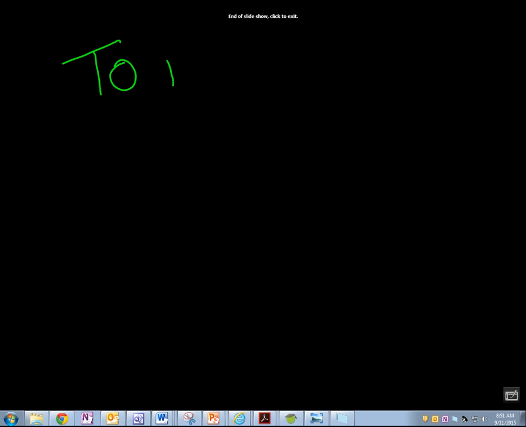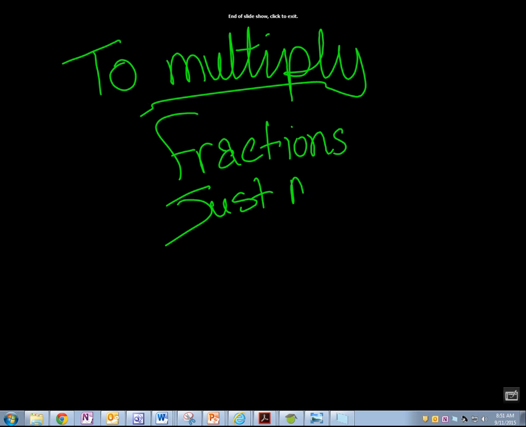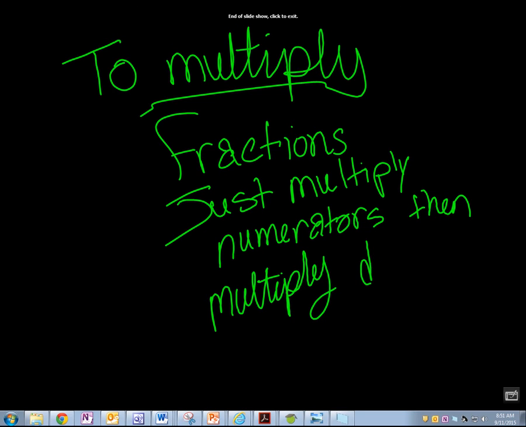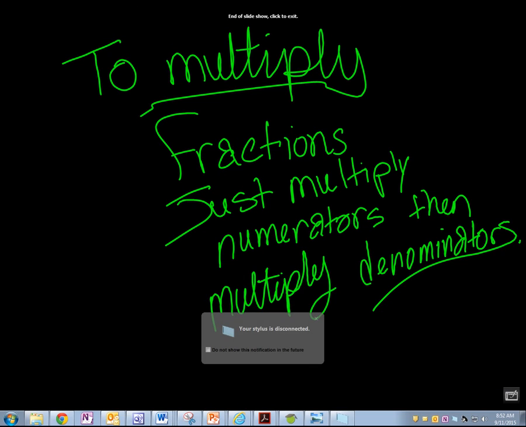To multiply fractions, write this down at the end: just multiply numerators, then multiply denominators.